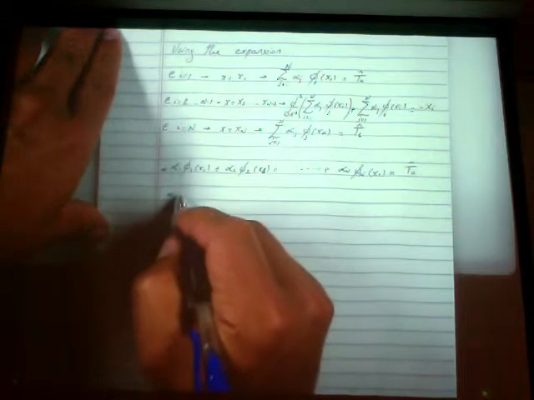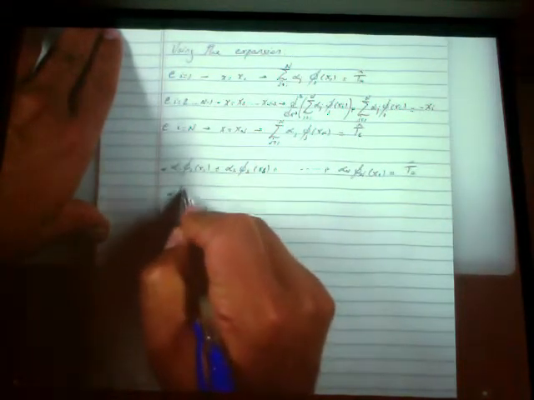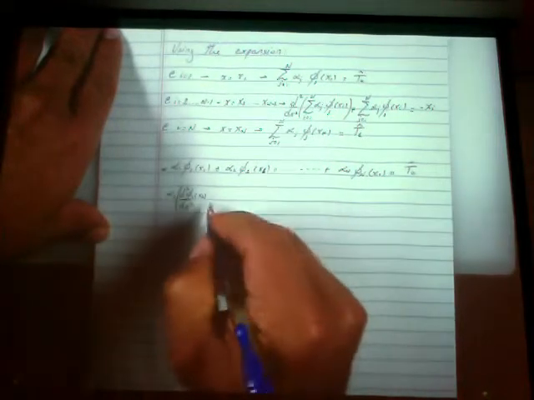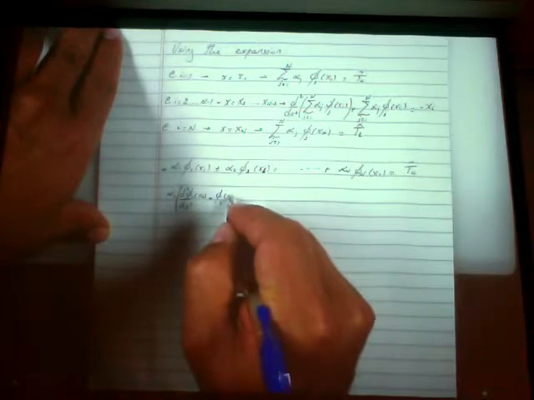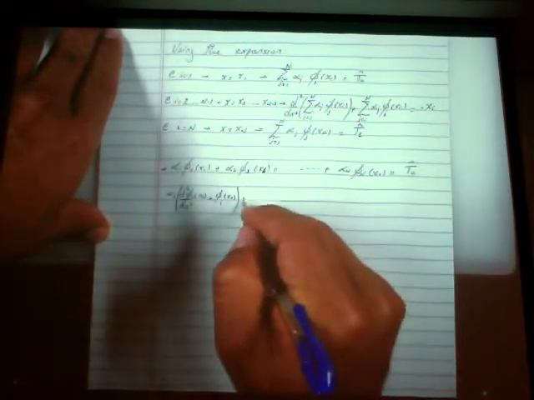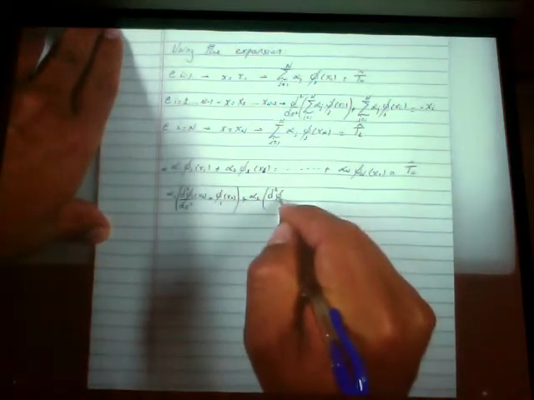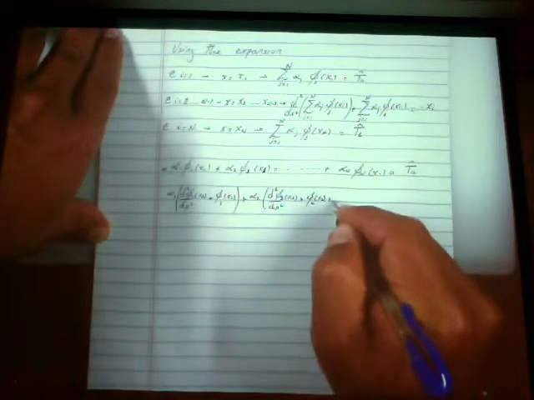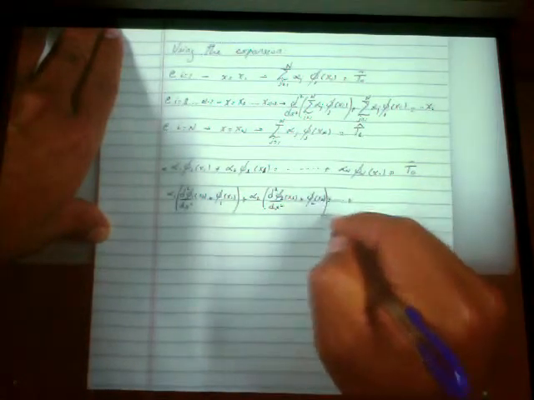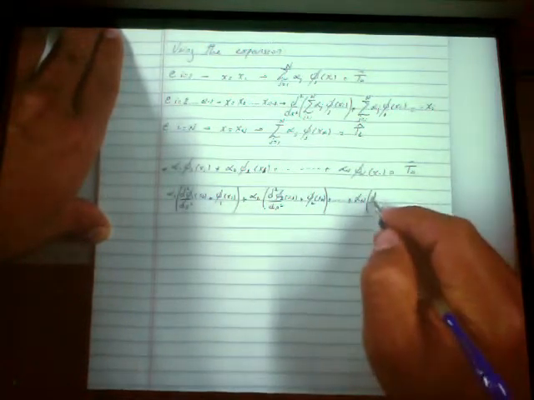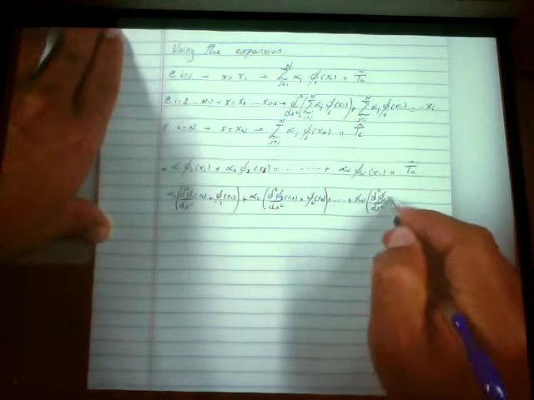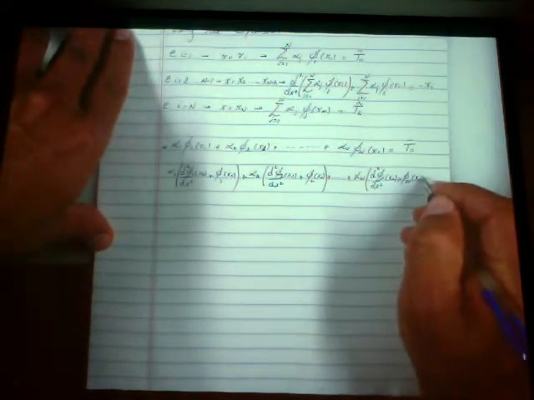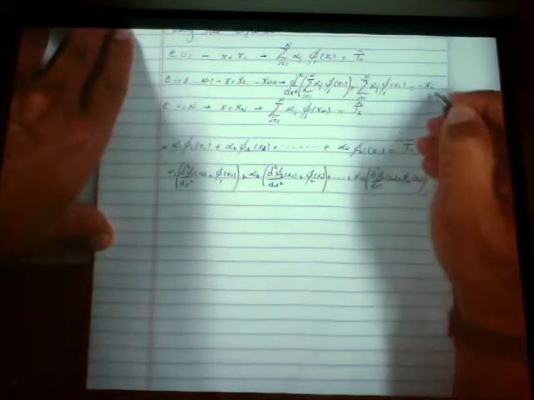Alpha 1 times the second derivative of phi 1 with respect to x squared evaluated at x2, plus phi 1 evaluated at x2, plus alpha 2 times all of these again, the second derivative of phi 2 evaluated at x2 plus phi 2 evaluated at x2, plus alpha n times the second derivative of phi n with respect to x squared evaluated at x2, plus phi n evaluated at x2, and that would be equal to minus x2. That's the right hand side.